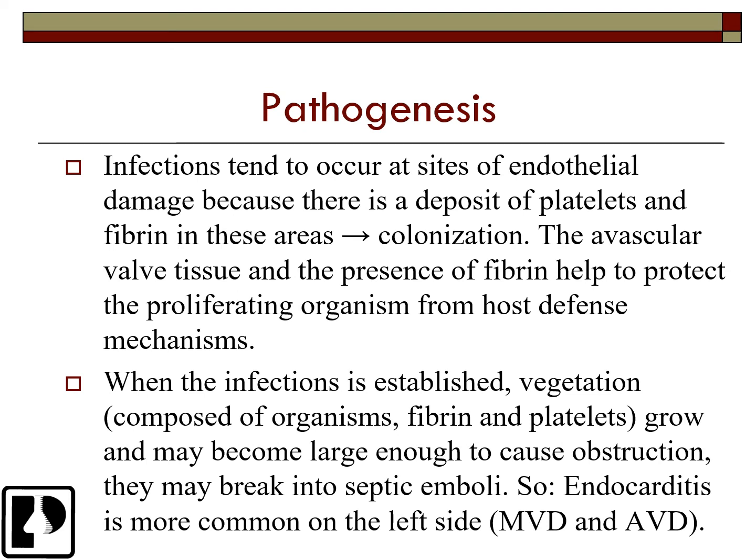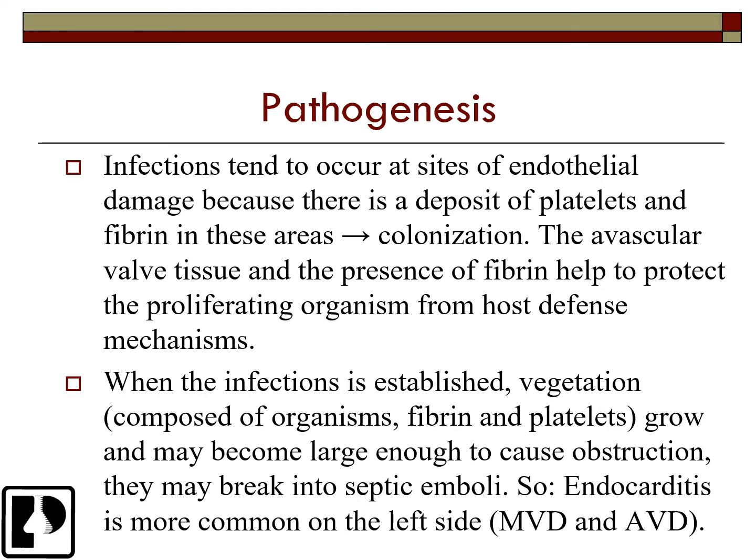The avascular valve tissue and the presence of fibrin help to protect the proliferating organisms from host defense mechanisms. Again, if the valve is inflamed or fibrosed, it helps to protect the proliferating organism from host defense mechanisms.